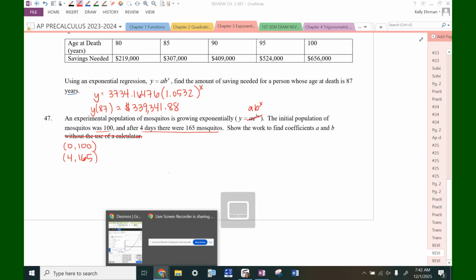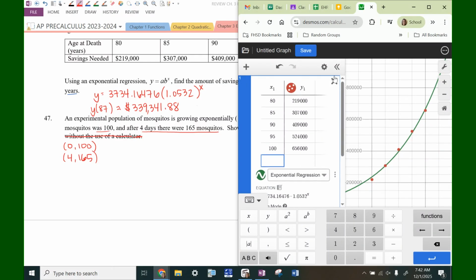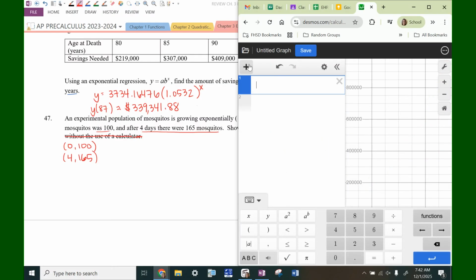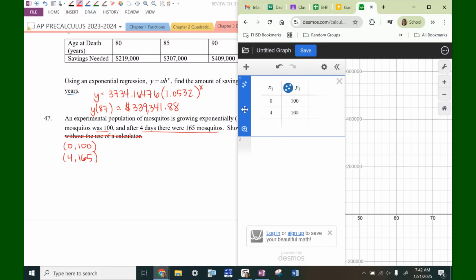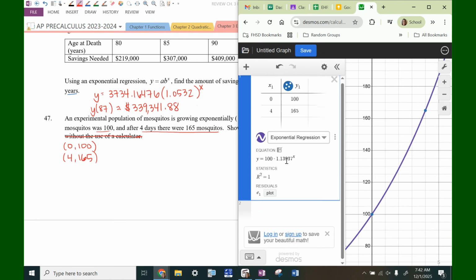And yeah, go from there. So let's see. Let's just do all this over again. So add a table. We only have 0 and 4, and we have 100 and 165. Exponential regression. There it is.